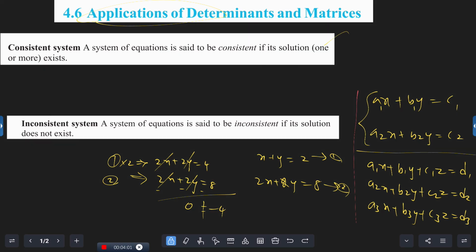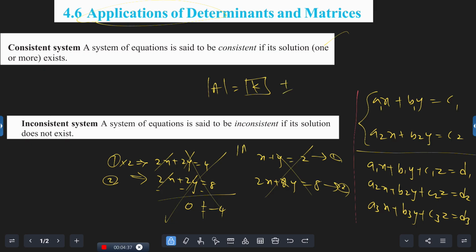Understand? Right. So this type of question you never get. Now, consistency or inconsistency: how are we going to check it with the help of the determinant? For consistency, what we have to do is find determinant A. For the given matrix, you have to take the determinant. You will get some number, either negative or positive, a non-zero integer. Negative can also come, either negative or positive, that's not an issue.